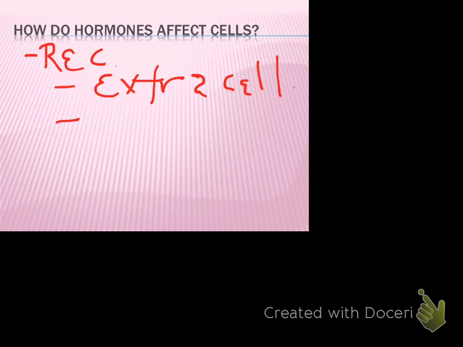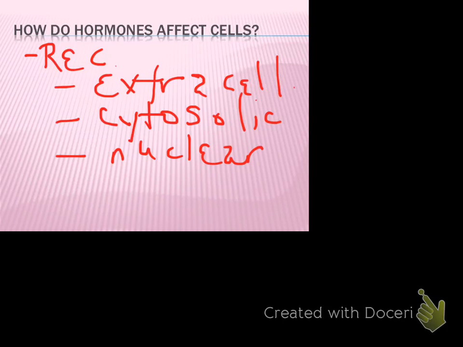There are different parts of the intracellular, so we're going to just say cytosolic. We actually talked about one of those examples at the very end of last semester, like with guanylyl cyclase, it could be an intracellular nitric oxide signal. What else inside the cell can have a receptor? Nucleus, and so there's nuclear.